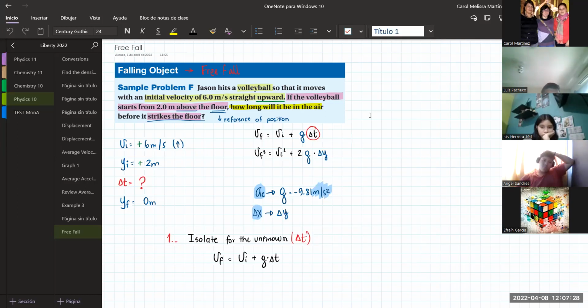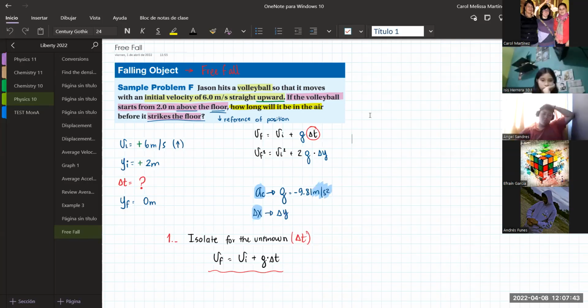Do I have the final velocity? No, I don't. I have the initial one. This one is initial velocity.